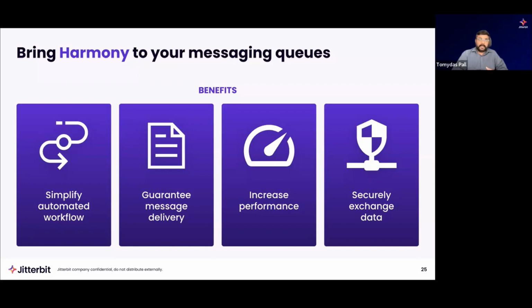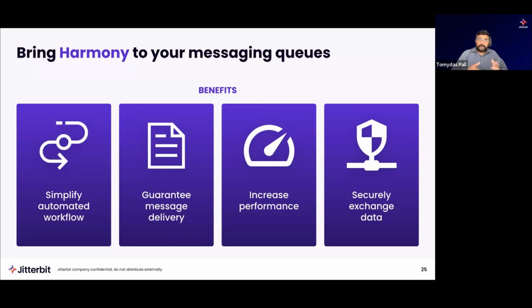Guaranteed message delivery is inherent as part of message queue, so that will be immediately beneficial on workflows that use message queue. Obviously, there is increased performance of all your processes and systems, because message queue addresses throttling and efficient delivery.